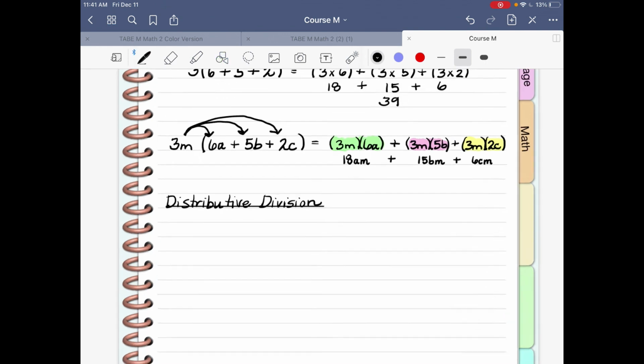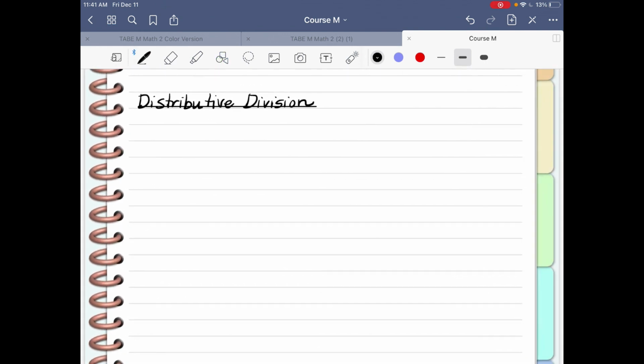So first example, (25A + 10B) divided by 5.